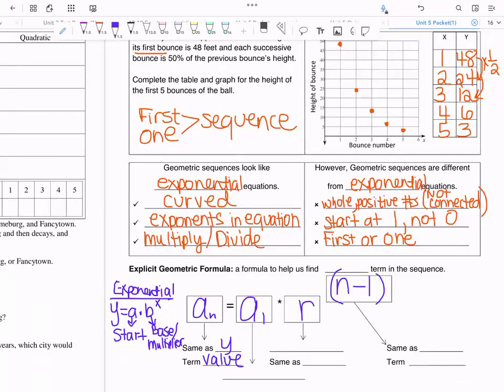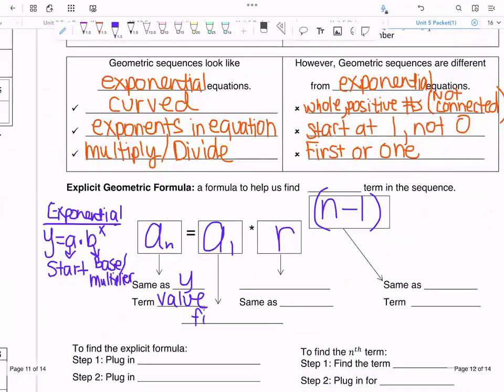So a sub 1 is our first term. That's our coefficient. Very similar to over here, it's where we're starting. It's just that with exponential equations and geometric sequences, you start somewhere different. With this one, it's your y-intercept, which is at 0. Here, it's your first term, which is at 1. So it's a little bit different.